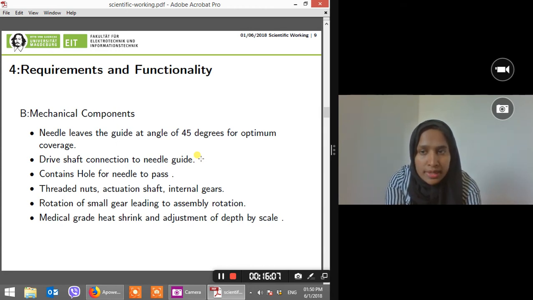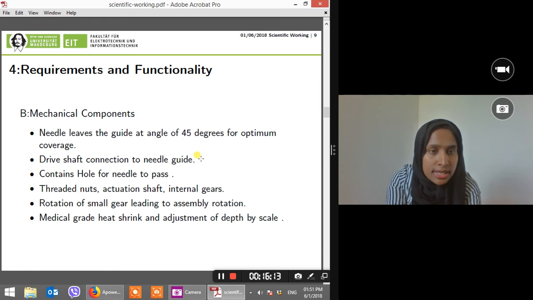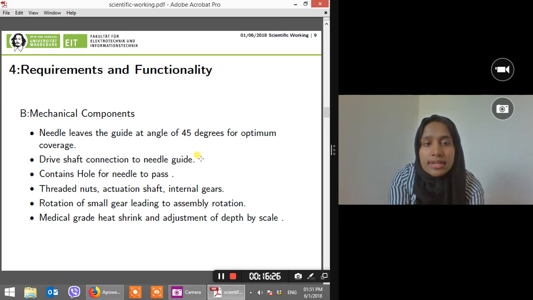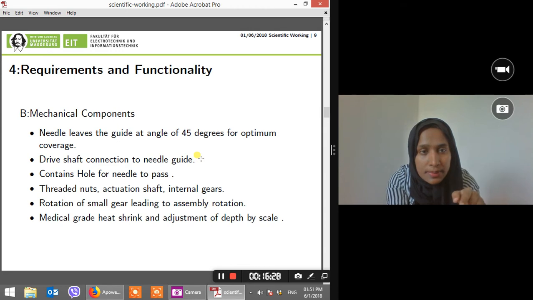And then there are a few mechanical components: threaded nuts, actuation shaft, internal gears. There are 3 threaded nuts which actuate. First they start rotation; they rotate the actuation shaft, which leads to the rotation of the internal gears. The internal gears then rotate the whole assembly.